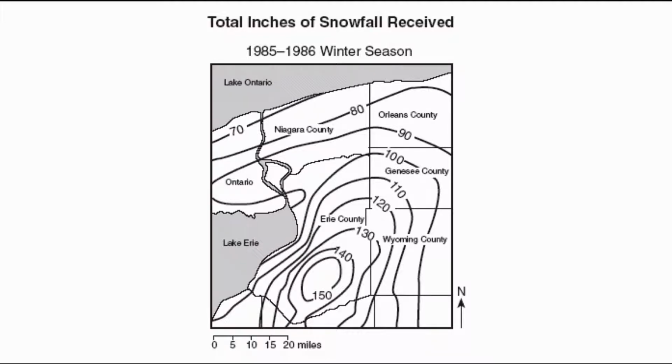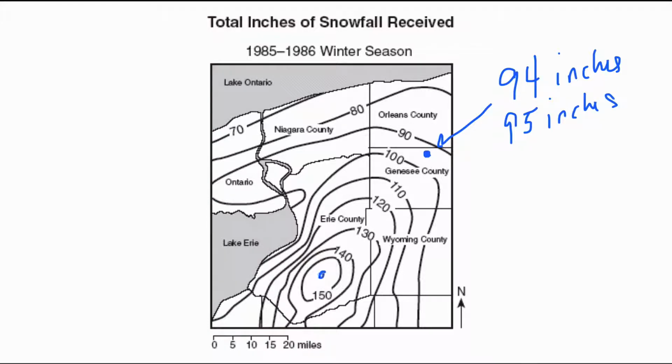And if I were to ask you to give me the total amount of snowfall in this part of Genesee County, one of your possible answers could be something like 94 inches of snow in total, because that dot is about halfway. I mean, that's really arbitrary whether or not it's exactly halfway. I think it's about 94 inches. If you came up with 95 inches, that would be acceptable too.